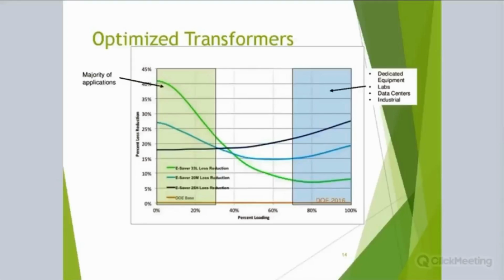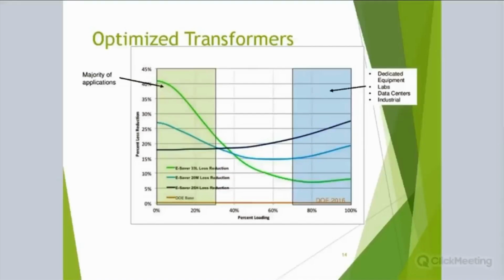But as you go in your percent loading, you can see how most of these transformers, well, all of these, stay well above the DOE requirement, but they do drop off. So the green line is a transformer built more for a lightly loaded transformer, less than 20%.